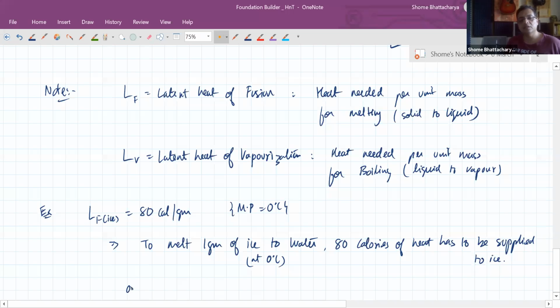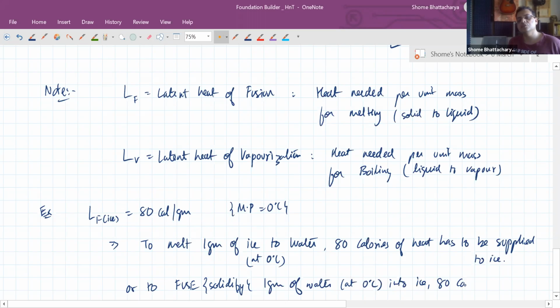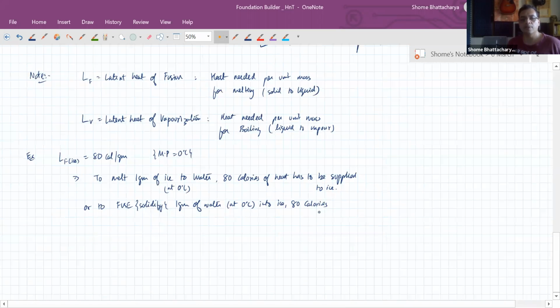On the other hand, to fuse or solidify 1 gram of water at 0 degrees C into ice, 80 calories of heat has to be absorbed, because that's the reverse process. So to solidify the liquid into solid state, we have to absorb heat from it. So 80 calories of heat has to be absorbed from the water, so it will convert to ice.